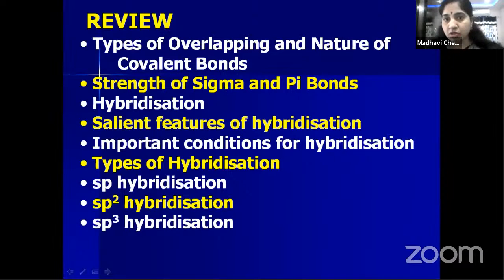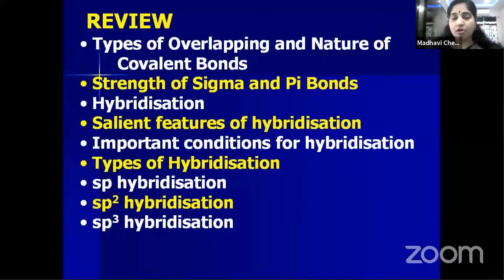When s orbital, or pz orbital, when they overlap along the internuclear axis. What is the internuclear axis? The Z axis is considered as the internuclear axis. When they overlap along the internuclear axis in a head-on manner, they form a sigma bond.